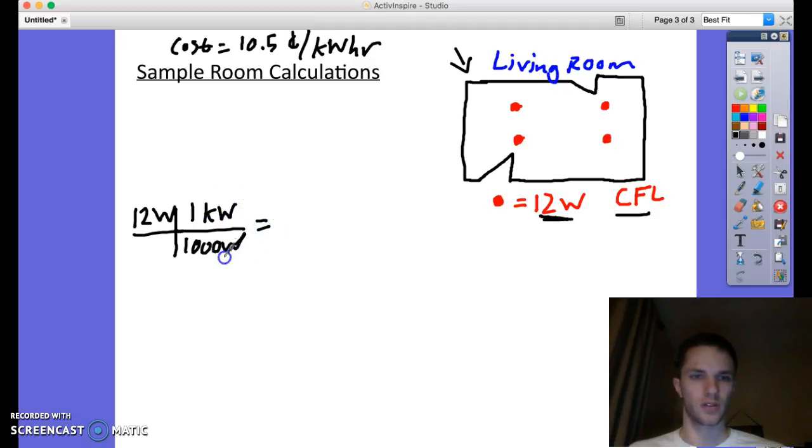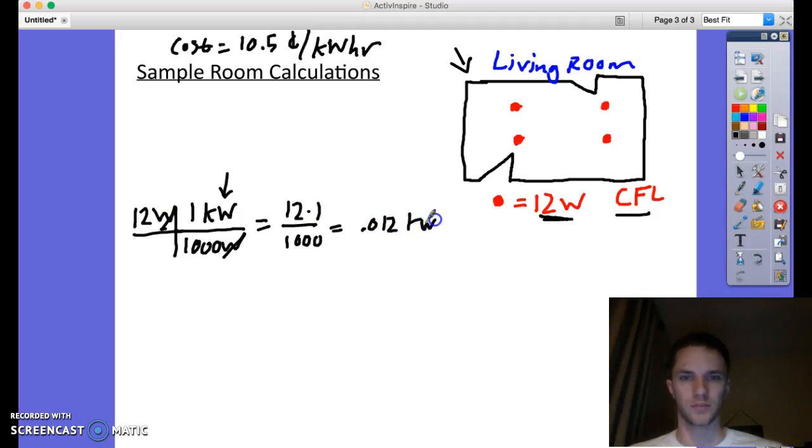So when these units cancel, I'm going to get 12 times 1 up top divided by 1,000. You could also just think of this as: to convert to kilowatts, you just take the number of watts and divide it by 1,000. So that's 0.012 kilowatts. So this bulb is going to use 0.012 kilowatts.